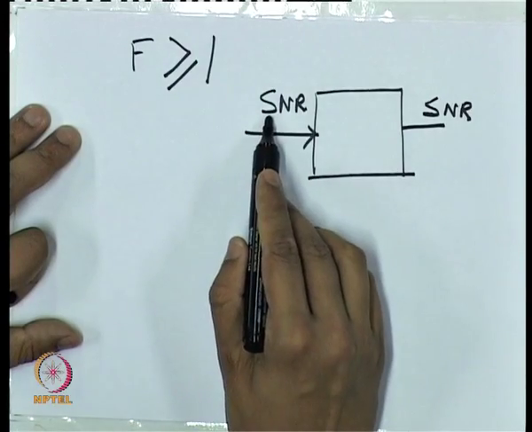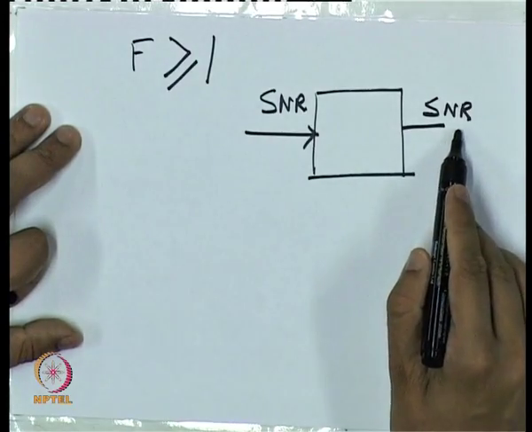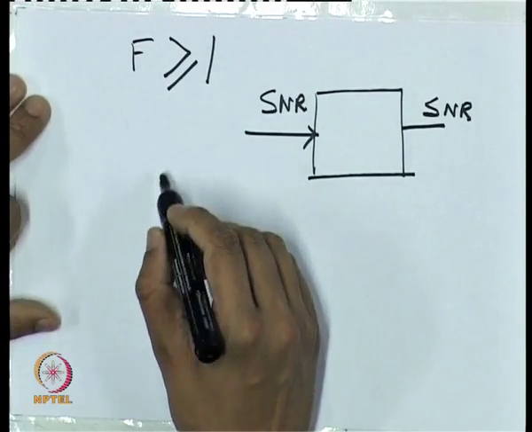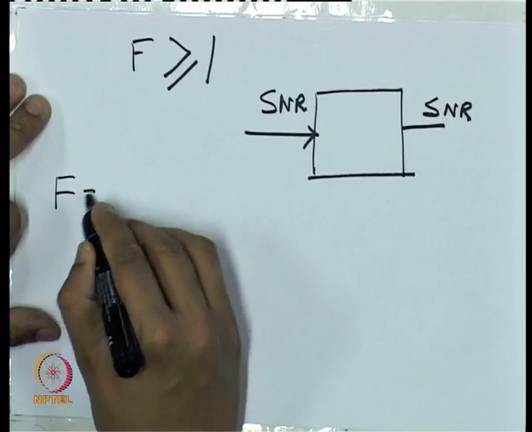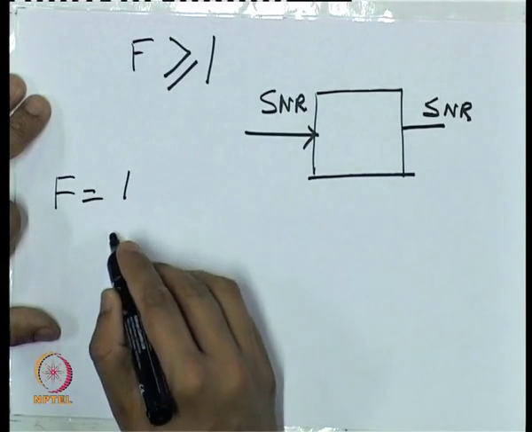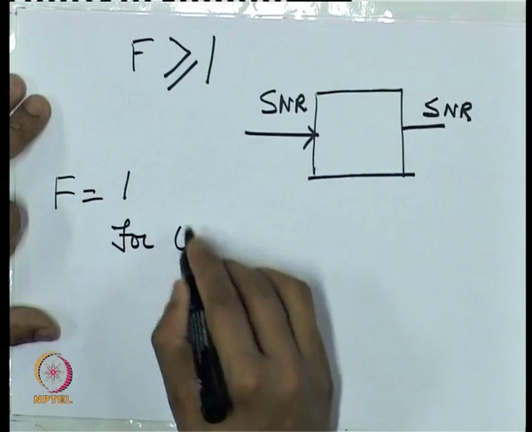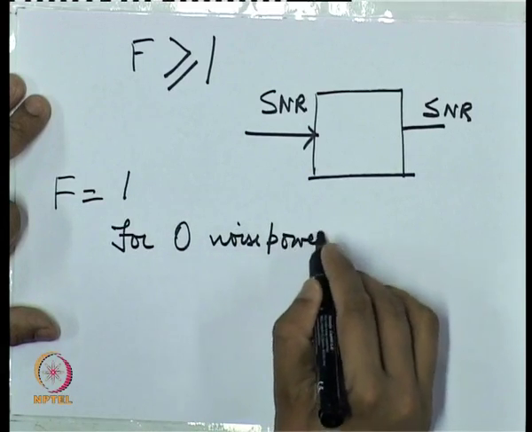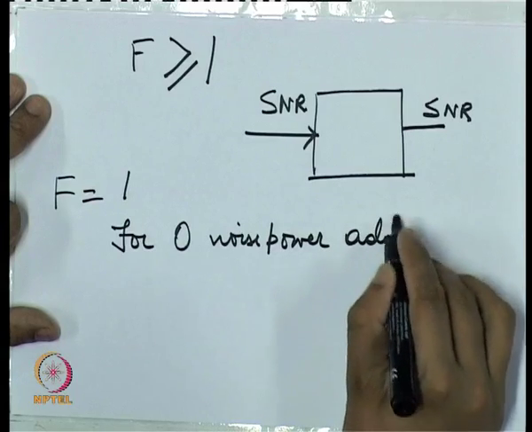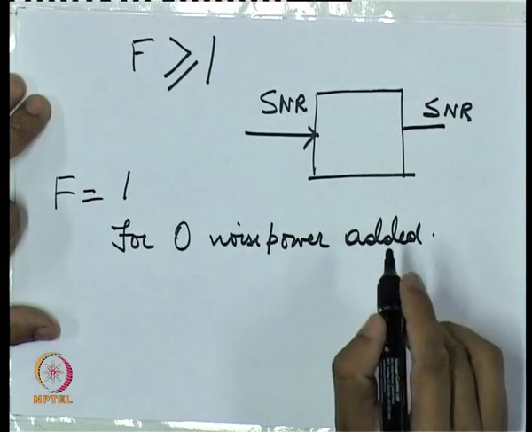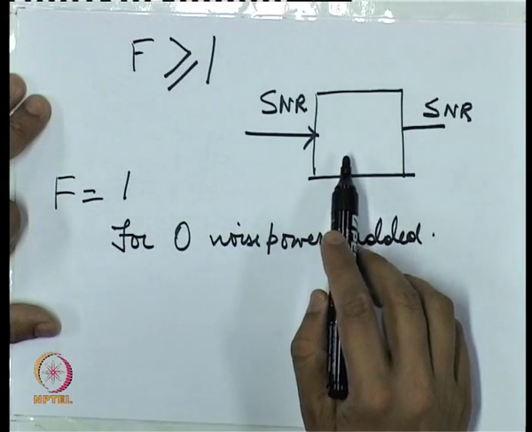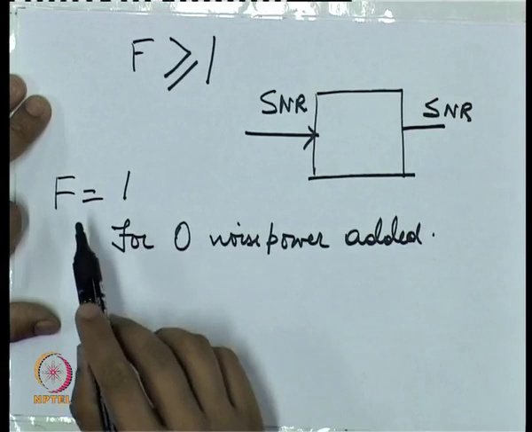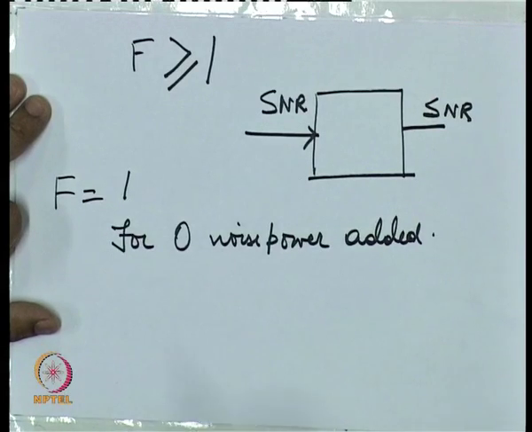Hence SNR in can never be lesser than SNR out, therefore F will always be greater than or equal to 1. F is equal to 1 for zero noise power added, that is when a network is perfectly noiseless and contributes absolutely zero noise, then only will F be equal to 1.